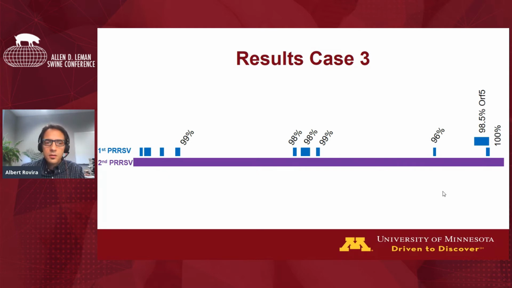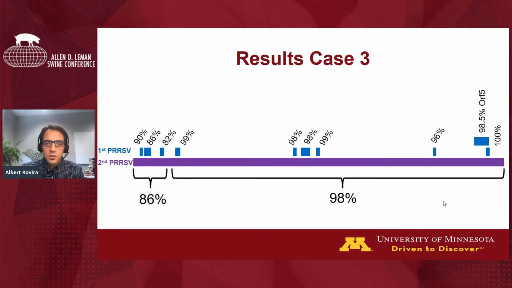Now, when we look at the 3 contigs that we found at the beginning of the virus, those are very different. Those are telling a different story, 90, 86, and 82. So in summary, this first part of the virus is about 86% similar to the second virus, and most of the virus is 98% similar between the first and the second outbreak.